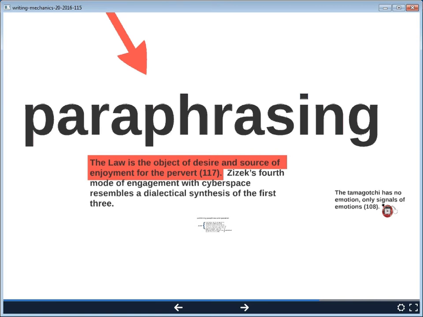Alongside quoting, paraphrasing is the most common way of incorporating evidence from your resources. So as you can see here, I'm paraphrasing from some of Zizek's texts. So I said the law is the object of desire and source of enjoyment for the pervert. This is a wonderful quote that uses a totally different definition of pervert than we're used to.